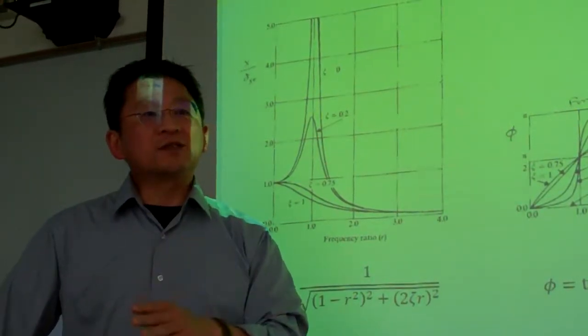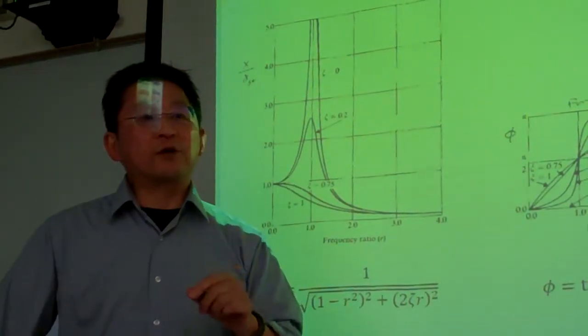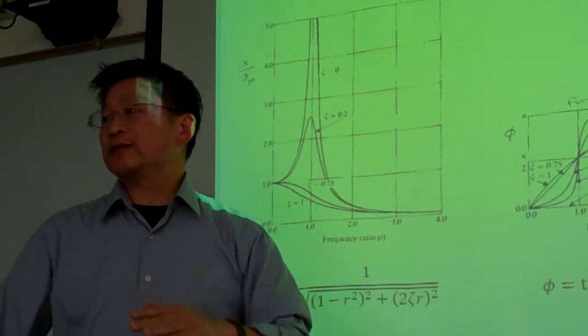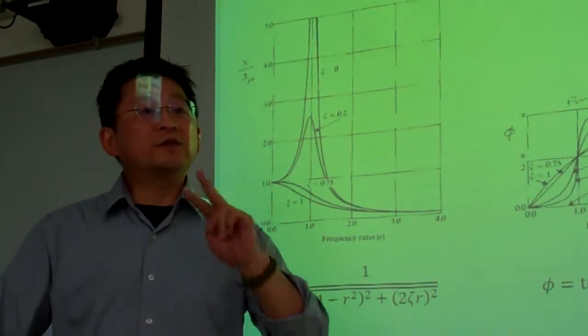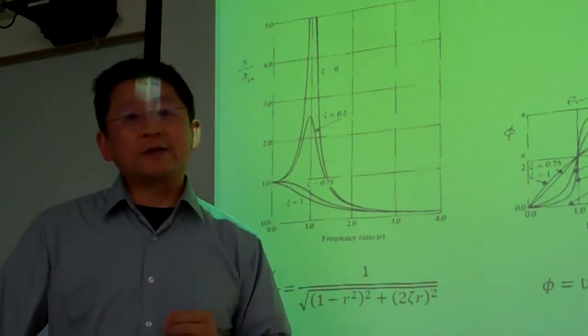If you want to minimize the system vibrations, you had better have the damping ratio large enough to suppress this maximum magnitude. So there are two cases, and it depends on your application.